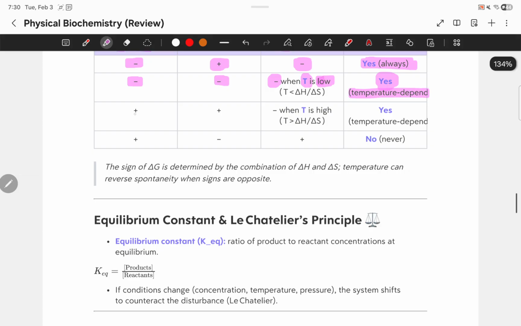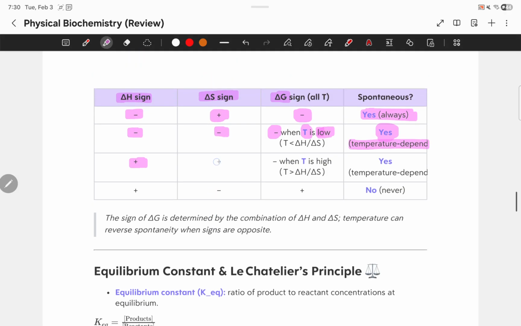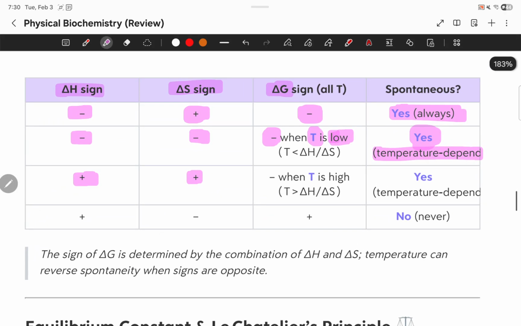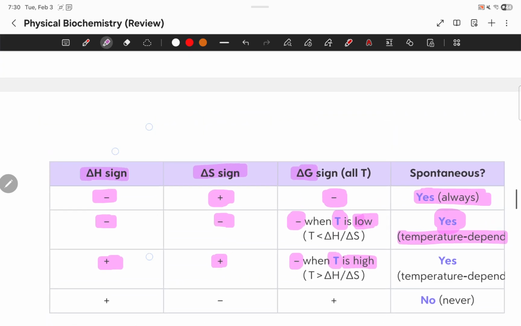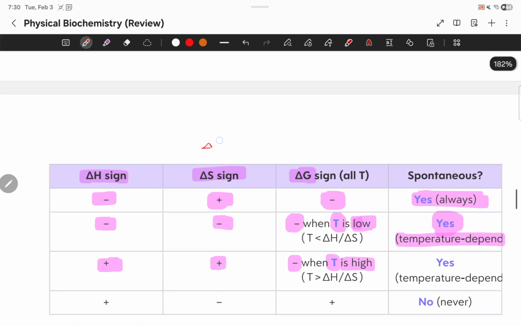If delta H is positive, delta S is positive, then the sign of delta G is going to be negative, but when temperature is high. Because remember that delta G is basically equal to delta H minus T delta S.